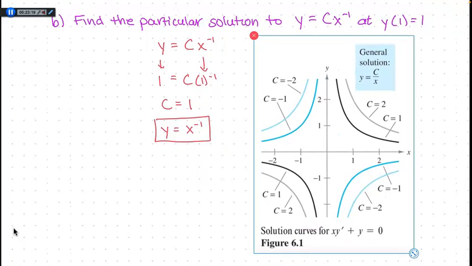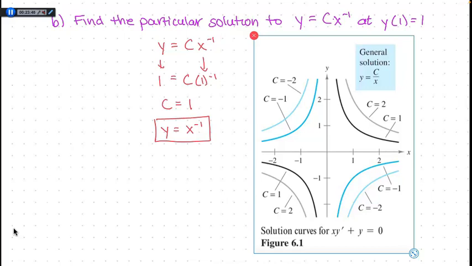But let's take a look at something, because this is going to lead into our slope fields. When we've got general solutions, and this is an easy equation, like y equals something over x, because that's what we've been dealing with, depending on the value of c, the graph of the equation is going to look different. In this case, if c is 1, then it's this hyperbola.